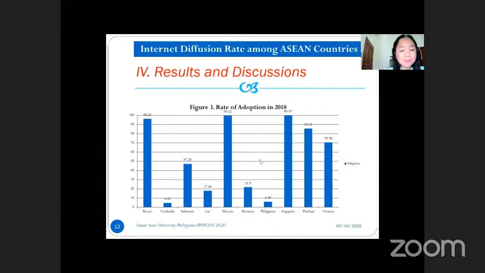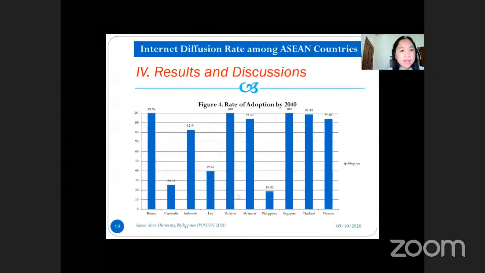So too with Malaysia, Brunei, Thailand, Vietnam, and Indonesia, while other countries such as Myanmar, Laos, and the Philippines were not highly influenced by the imitators, most especially Cambodia. Next is the rate of adoption by 2040.